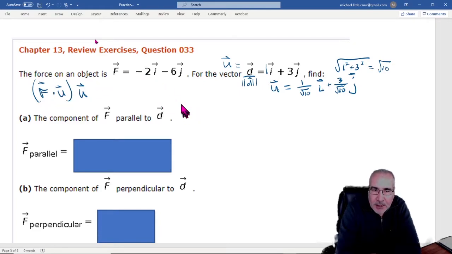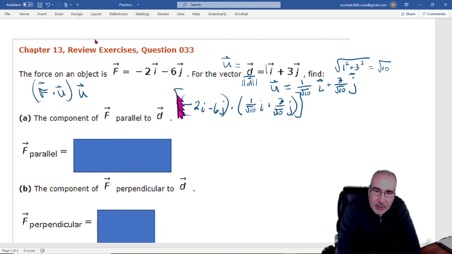Negative 2i minus 6j dotted with the unit vector, 1 over square root of 10 i plus 3 over square root of 10 j. And then all of this will be multiplied by the unit vector, just so I don't forget it.